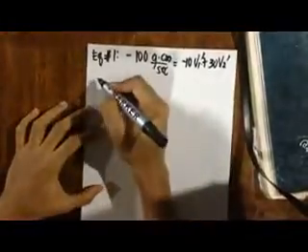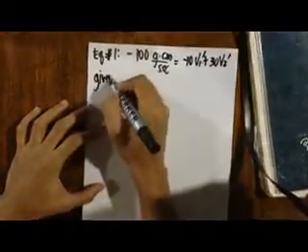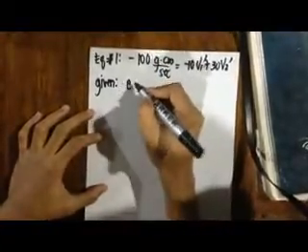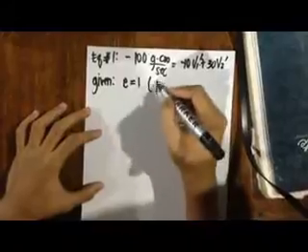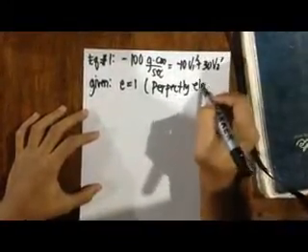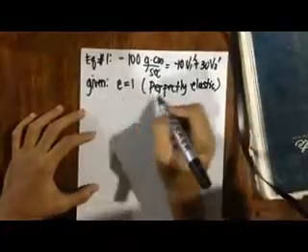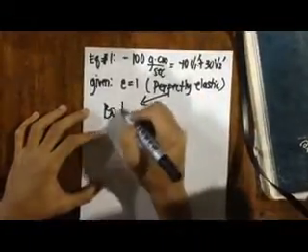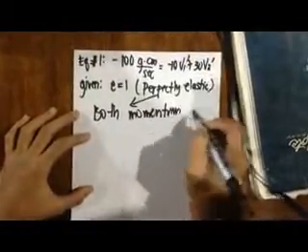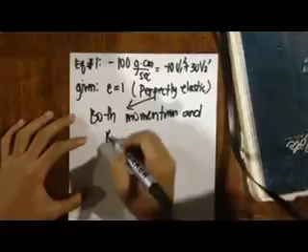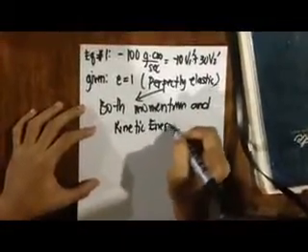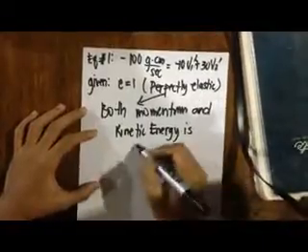We are given that it is perfectly elastic, meaning e is equal to 1. When we say perfectly elastic, both momentum and kinetic energy are conserved.